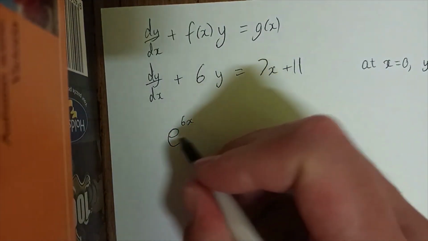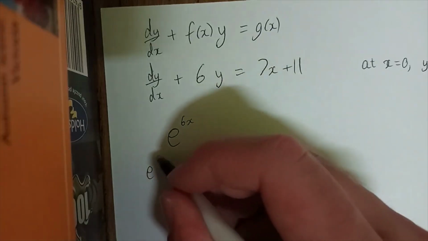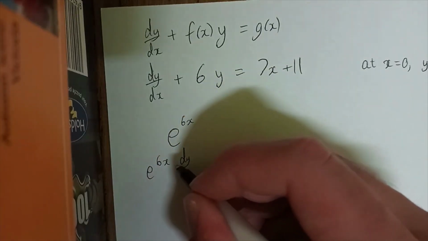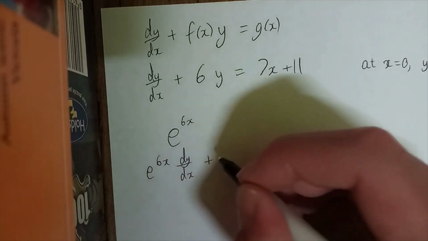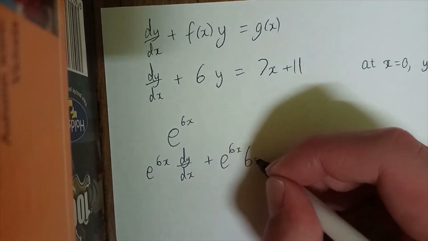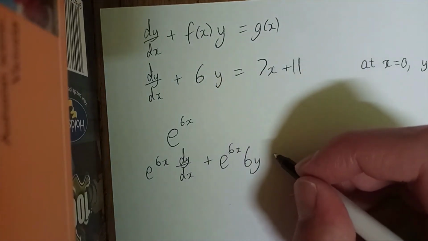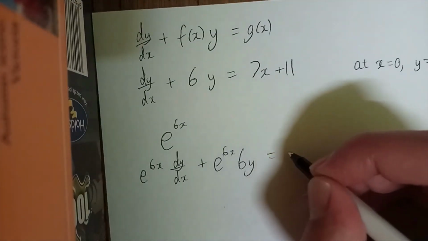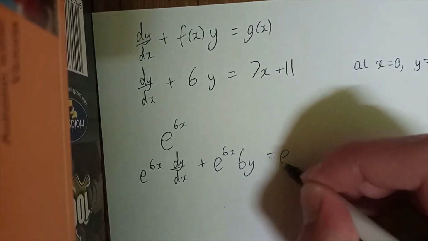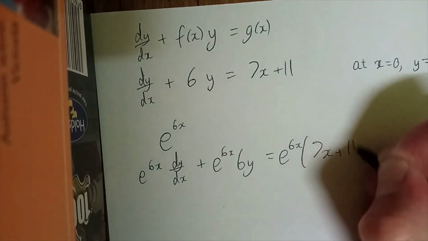So multiplying through by this integrating factor, we get e to the 6x times dy dx plus e to the 6x times 6y equals e to the 6x times 7x plus 11.